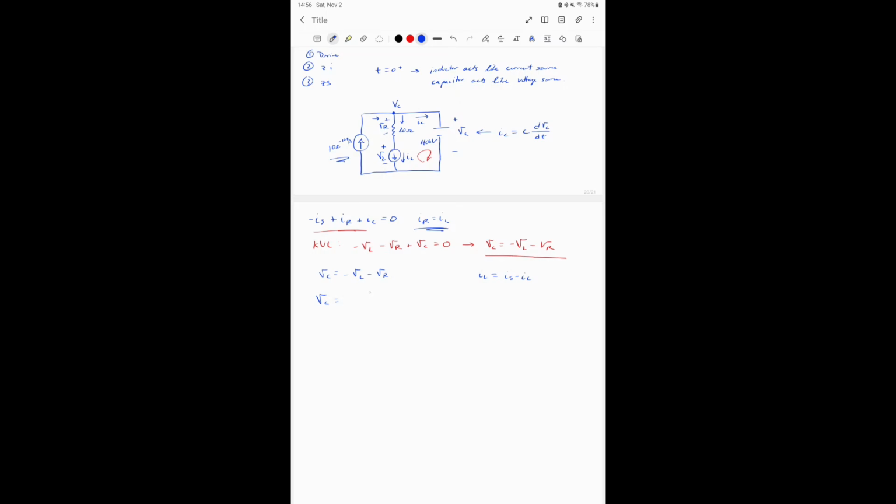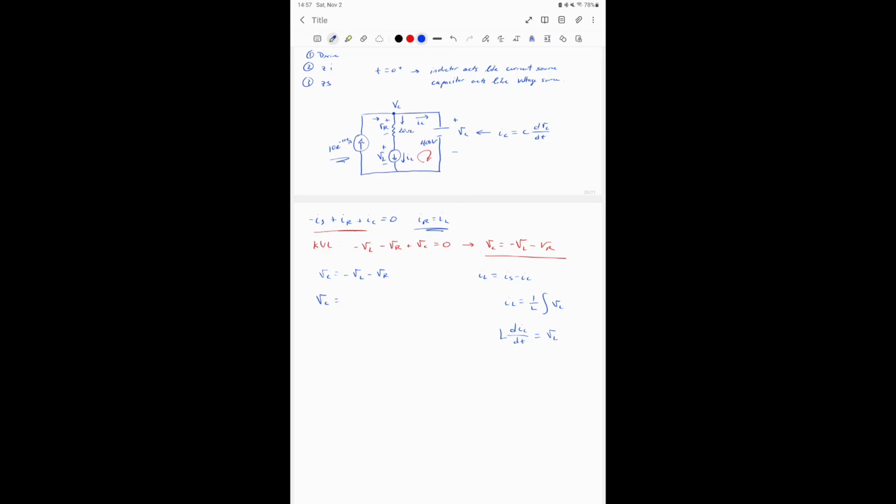You have a VC is equal to negative VL. IL is equal to 1 over L integral of VL, right? Or the other way to do this is dIL over dt times L is equal to VL, right?